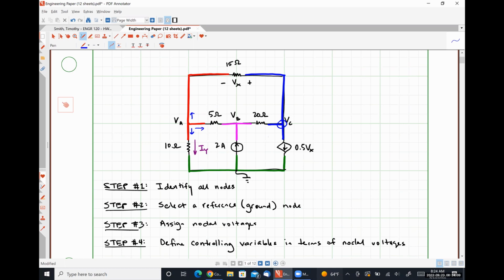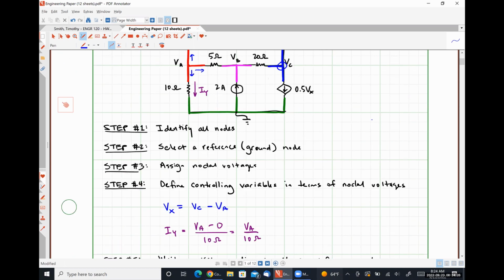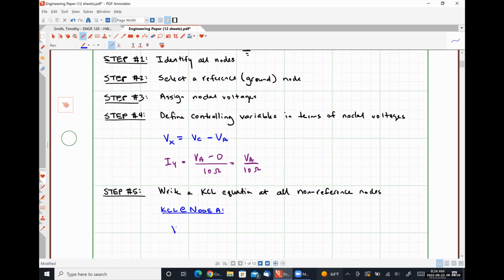What is that current directed down in terms of our nodal voltages? VA over 10. We literally just did it when we defined IY. There was a reason why I chose that, right? So that's the rule that we are going to follow. VA over 10 ohms.